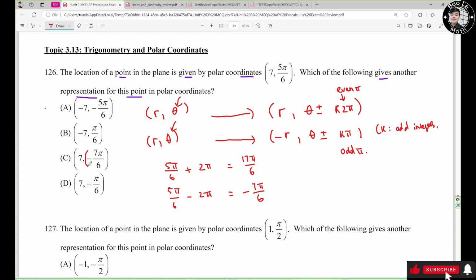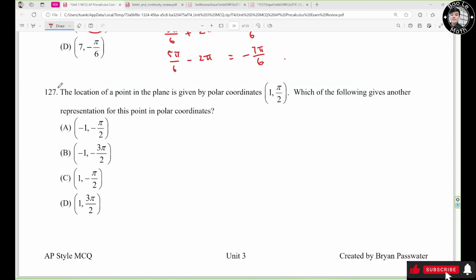It's right here. And then look at the formula: if you add or subtract an even multiple of pi, the radius stays. So the radius is 7, it's still 7, so the answer must be C. Now, if you add or subtract 2 pi and you still don't see the answer, then you're going to add or subtract pi to figure out the answer.